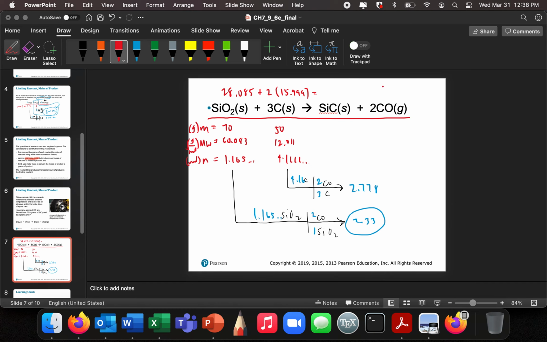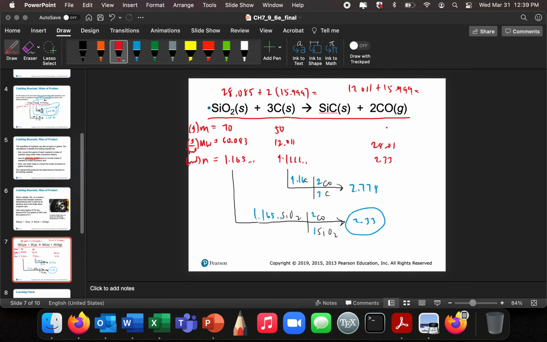So I'm going to go over to this column here and put 2.33 right here. Carbon monoxide is 12.011 plus 15.999, because there's only one atom of each of those in there, which equals 28.01.